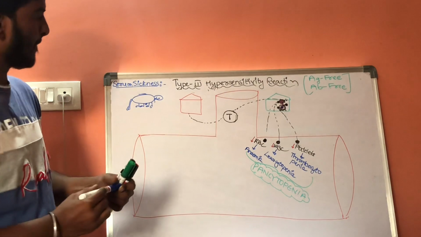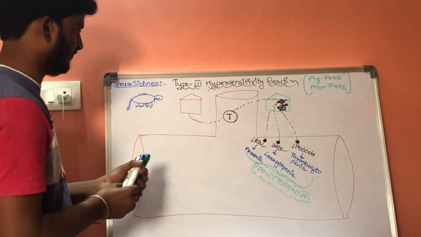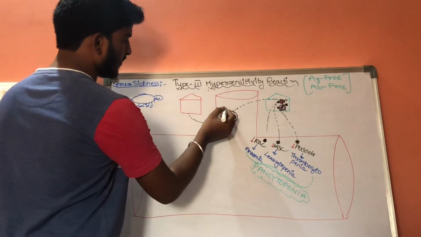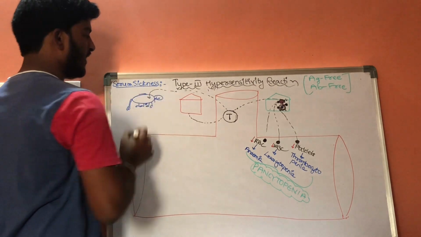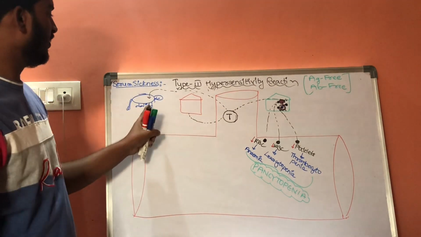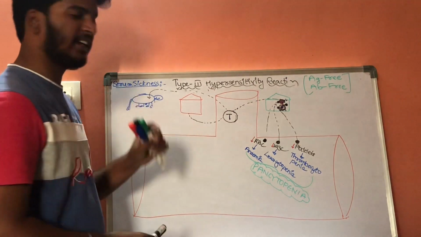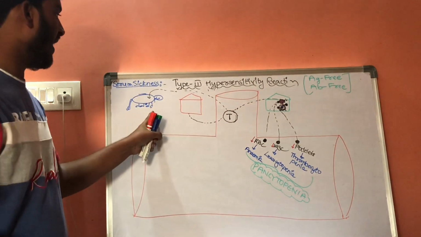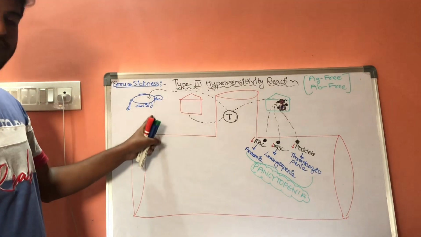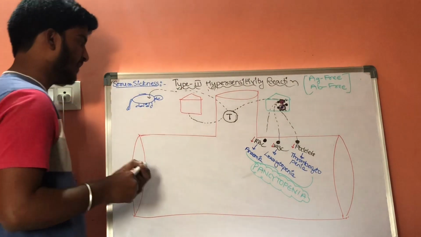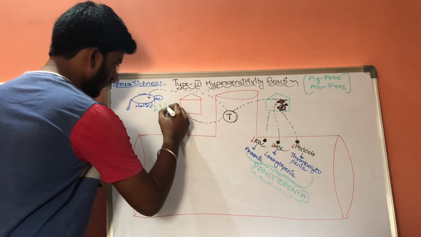These autoreactive T cells are injected into this horse. These T cells are foreign bodies to the horse, so whenever they are injected, the horse releases a special type of antibodies.